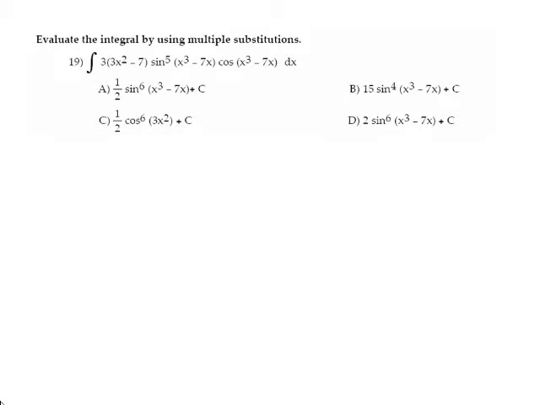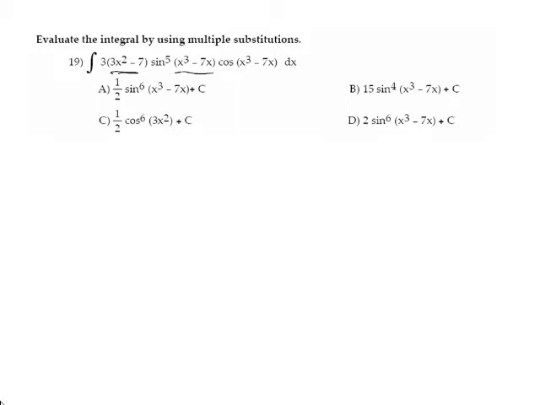Okay, now number 19 is going to require 2 substitutions. Notice that if you let u equal x cubed minus 7x, you see its derivative right here. So let's try that and see where it leads us.